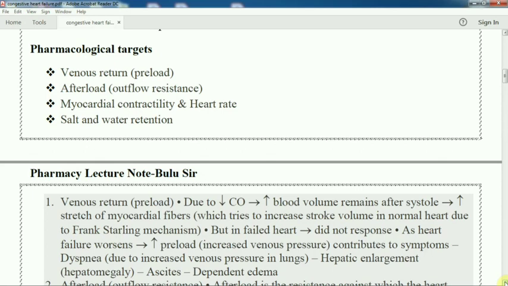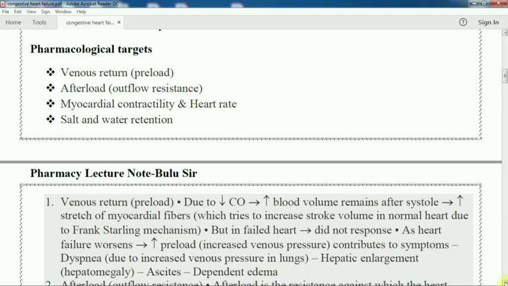Let's see. Due to decreased cardiac output, when the amount of blood coming out of the heart is less, the blood remains in the heart. The whole blood does not come out. So increased blood volume remains after contraction and increases the stretch of the myocardial muscle fibers, which tries to increase the stroke volume in the normal heart.